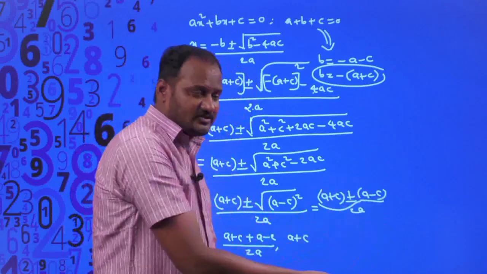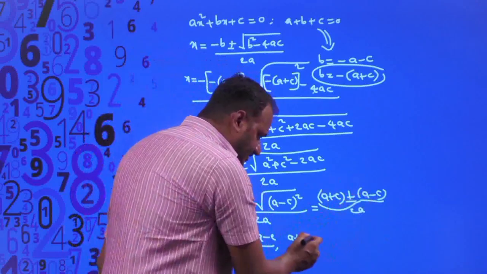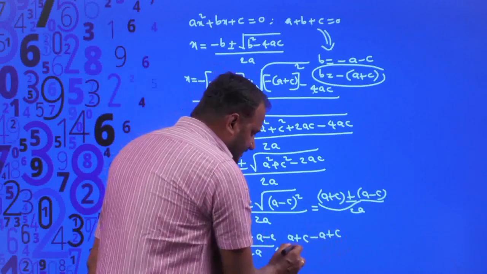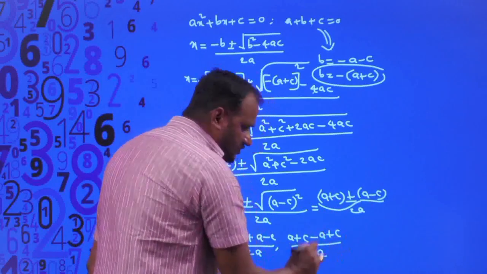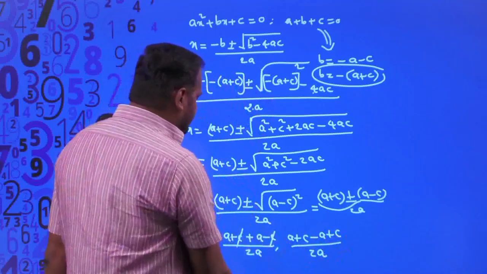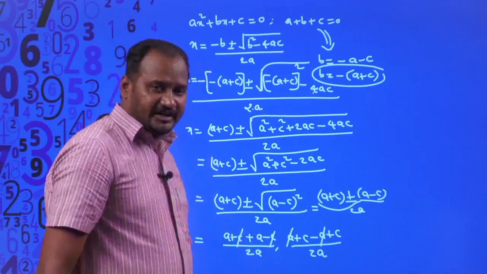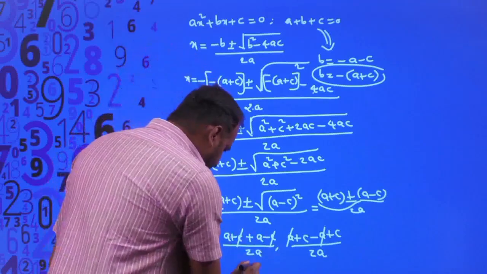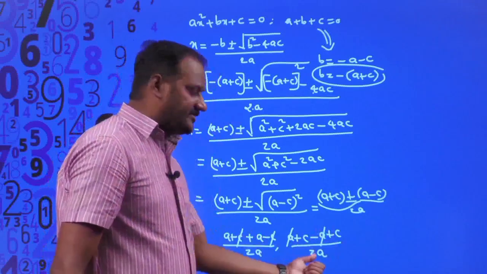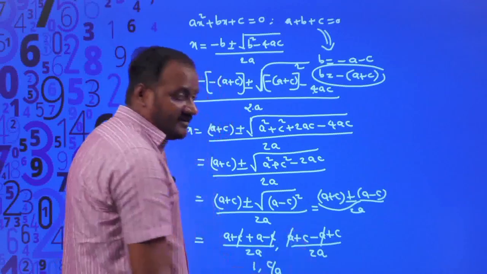Minus of a minus c is going to be minus into a is minus a, minus into minus c is equal to plus c. So, you should write it as minus a plus c whole divided by 2a. See any cancellation? Here minus c and plus c get cancelled and plus a minus c gets cancelled. a plus a is equal to 2a, 2a divided by 2a is equal to 1, and c plus c is equal to 2c. 2c divided by 2a is equal to c divided by a.